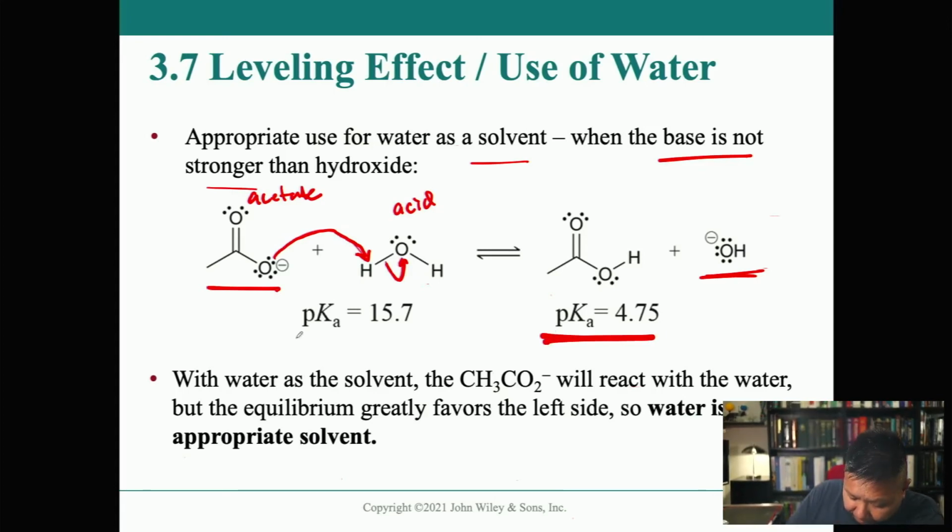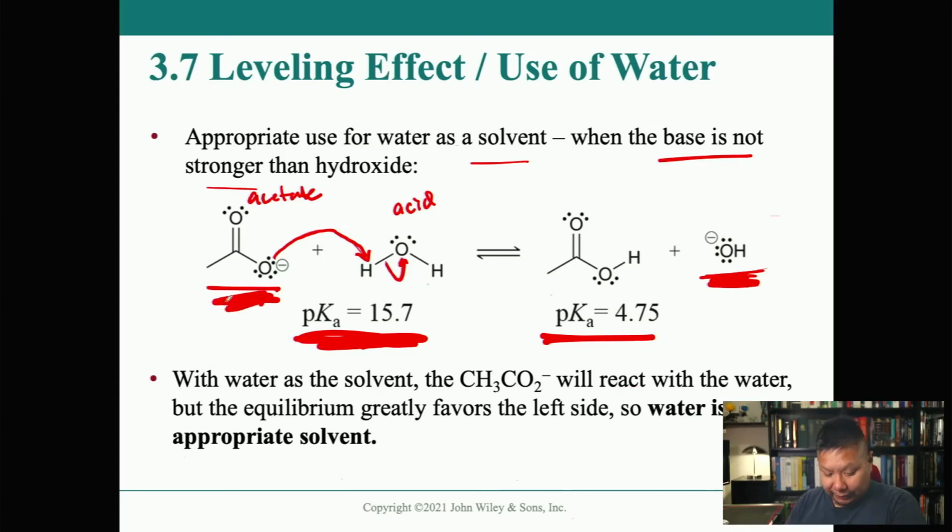But the pKa of water acting as an acid here is 15.7. What does that mean? That means hydroxide is a much stronger base than acetate is, right? So for the acetate ion, water is in fact an appropriate solvent.